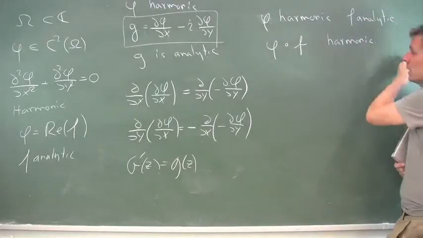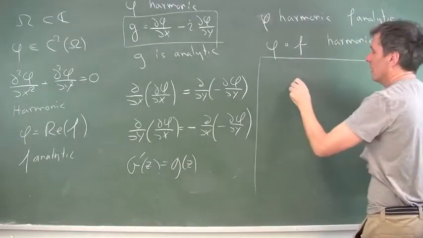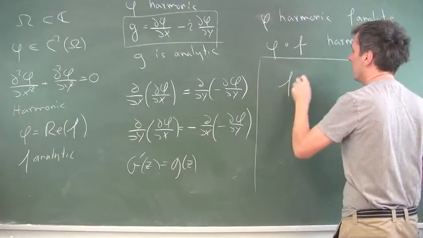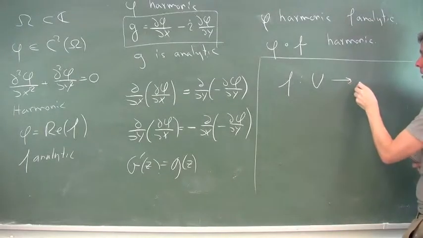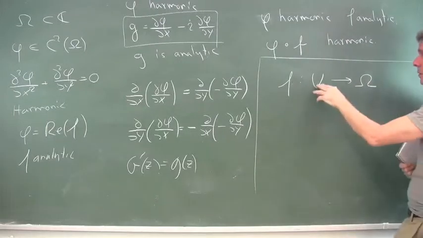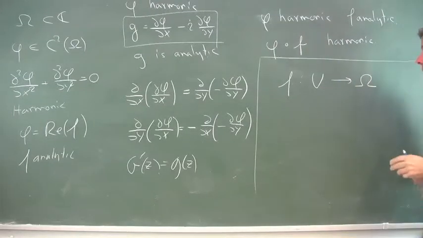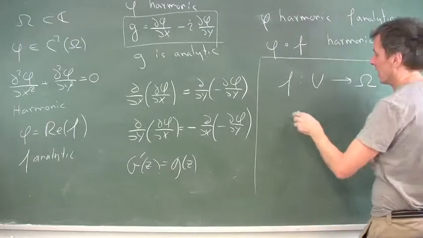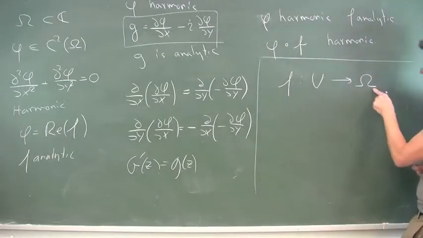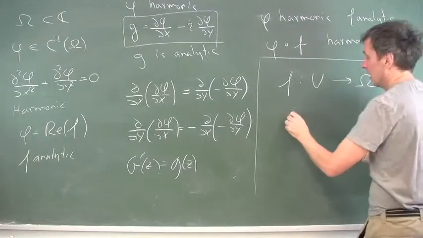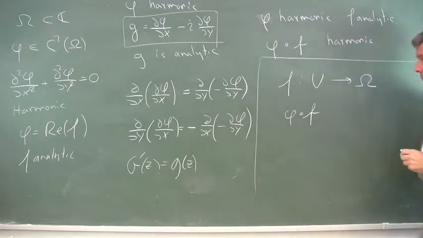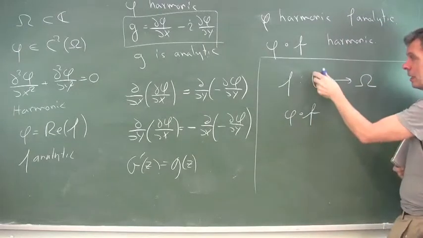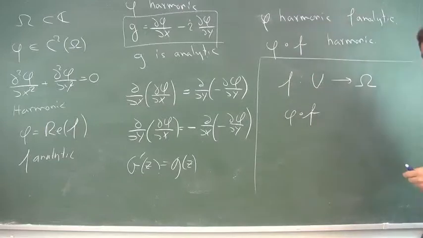And then you see that this is just the real part of that composition, which automatically is then harmonic. So in particular, this means that if you have a map f from the unit disk onto some domain omega, so say you have conformal equivalence here, then whenever you have a harmonic function phi here, the composition here will be harmonic in U, in the unit disk.